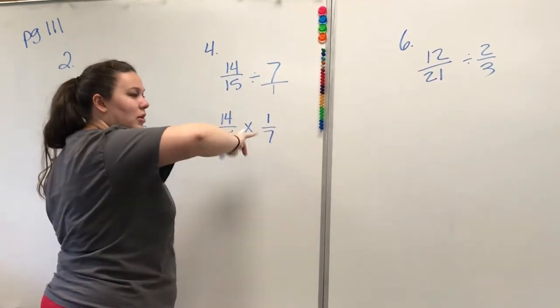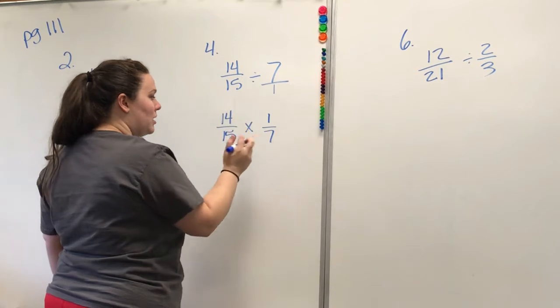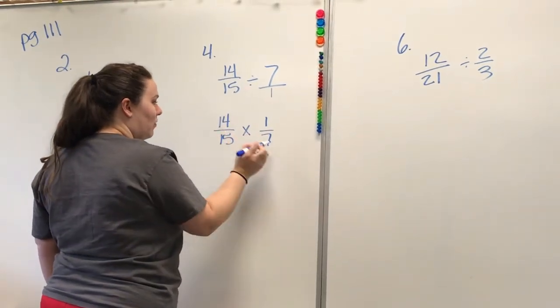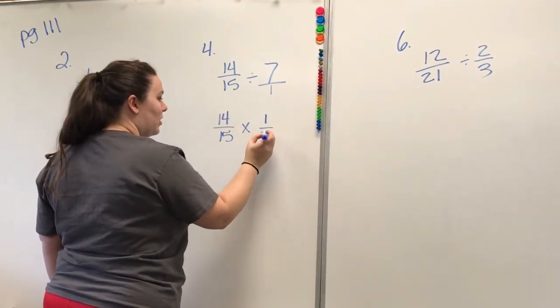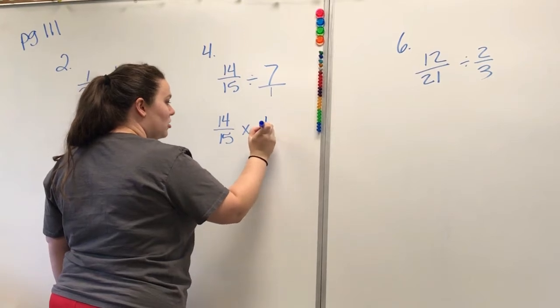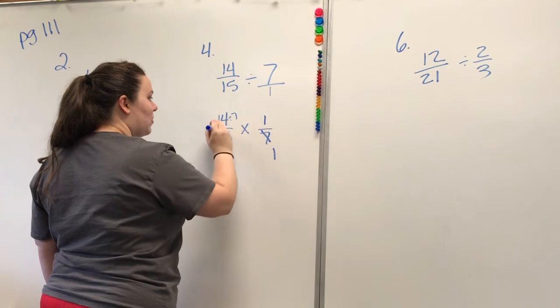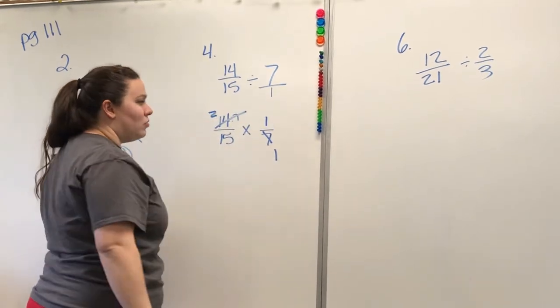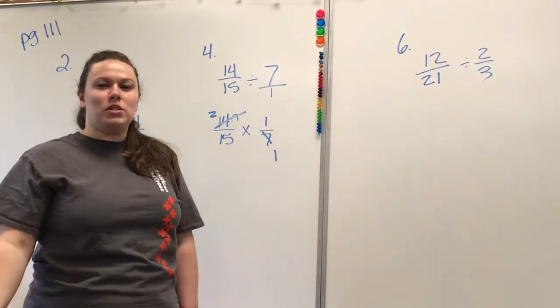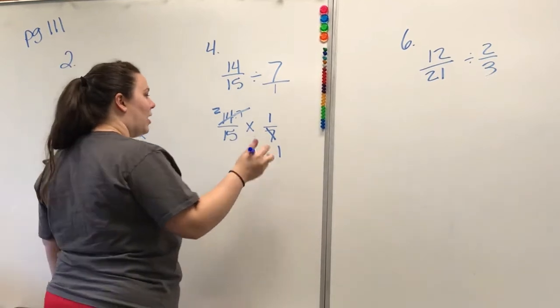I'm going to do my crisscross elimination because I see that 7 and 14 have similar factors. So 7 can be divided by 7, and that's 1, and 14 can be divided by 7, and that's 2. That just saves me some reducing steps in the long run at the end.